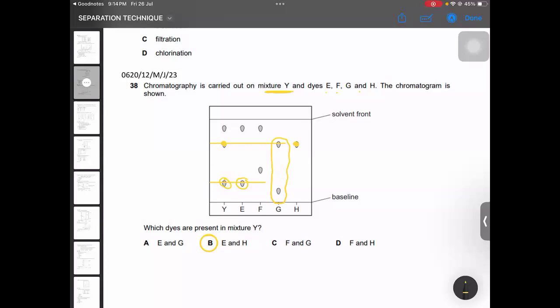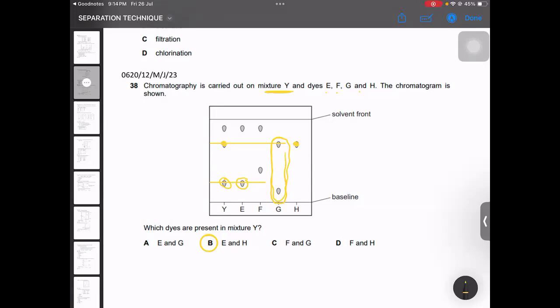G is not a single species, because G is going to give you two spots. Samples which have something else in them are going to give you multiple spots, and pure substances are not going to give you multiple spots. They would remain a single spot.